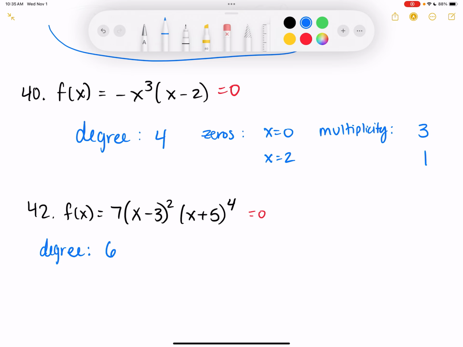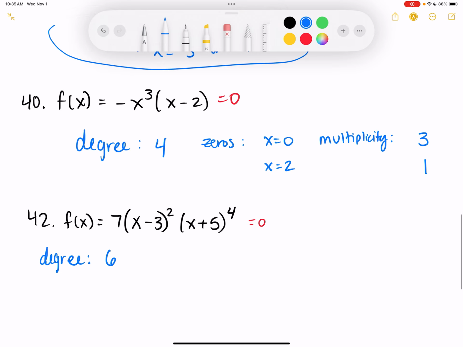So then my zeros would be what? -5, yep, that'd be one of them. What else? X equals 3. Yep. Now what about that 7 that's out front? That's just a stretch.